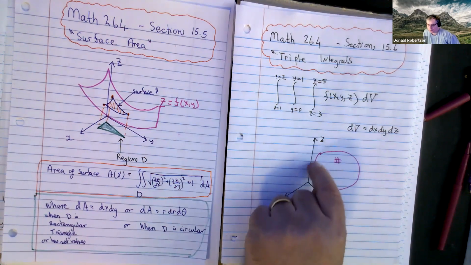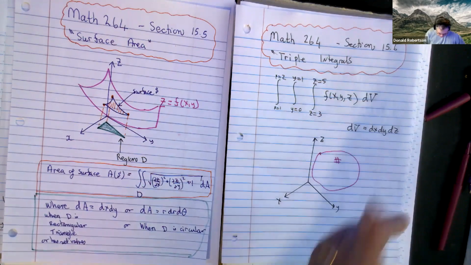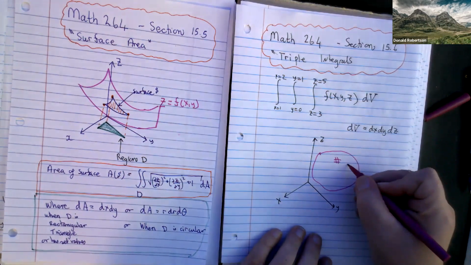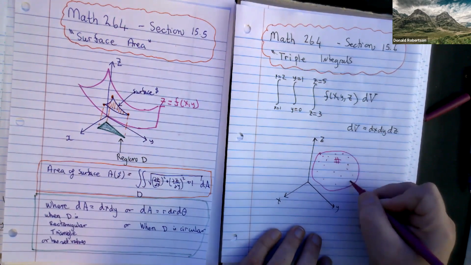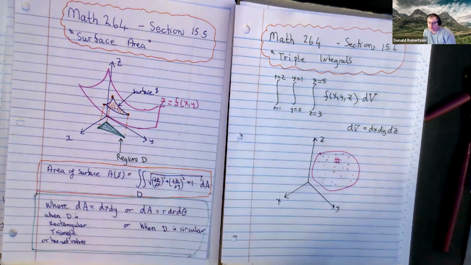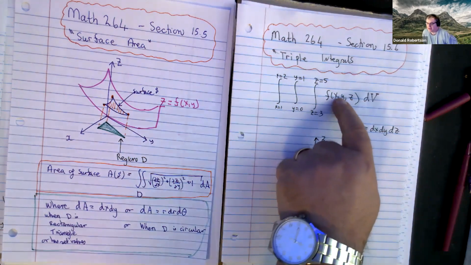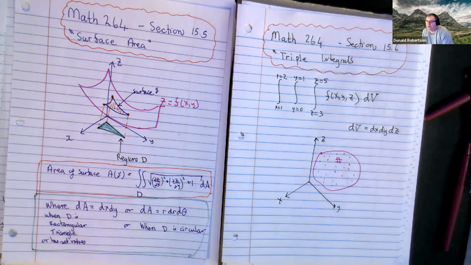For every single point in that blob, we associate a value f of x, y, z. So I want you to imagine that f of x, y, z is telling you the temperature of any point in that blob. So when you calculate a triple integral, you are not getting the volume of that blob. What you are getting is the total amount of whatever that is. Imagine that's heat, you're getting the total amount of heat in that blob.